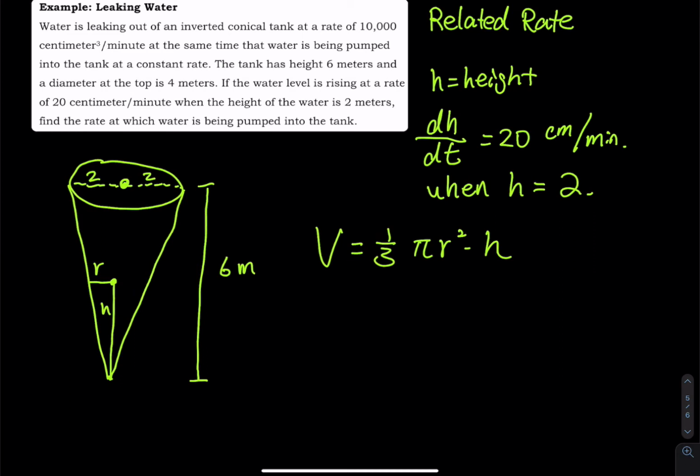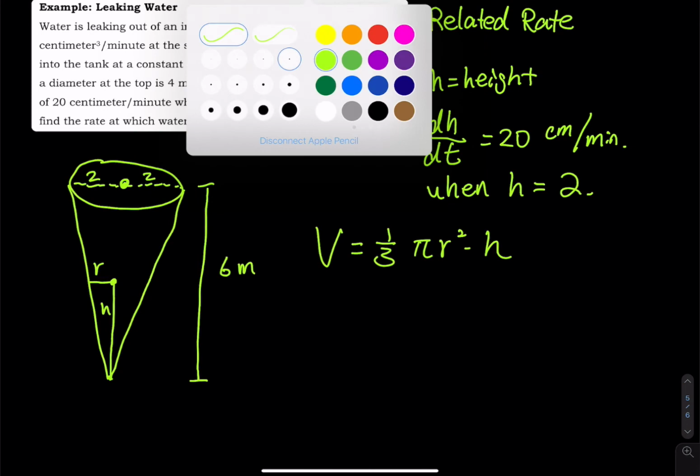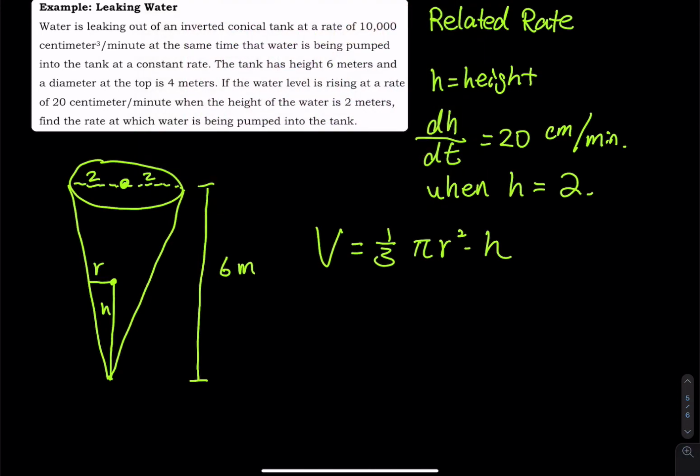We have to put this in one variable. The first thing that I am thinking about immediately is we have to use a similar triangle. So how do we use a similar triangle? We have a big triangle and a small triangle. This is the radius, and this is the height.